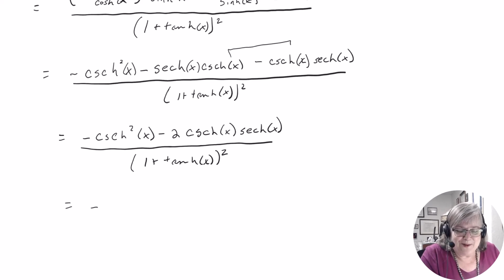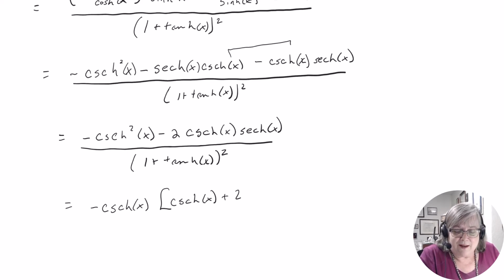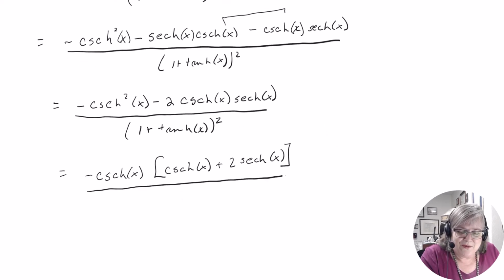So we're going to factor out a negative hyperbolic cosecant of x, and that's going to leave me a hyperbolic cosecant of x plus 2, because remember, I'm factoring out a negative, times hyperbolic secant of x, over 1 plus the hyperbolic tangent of x, quantity squared.